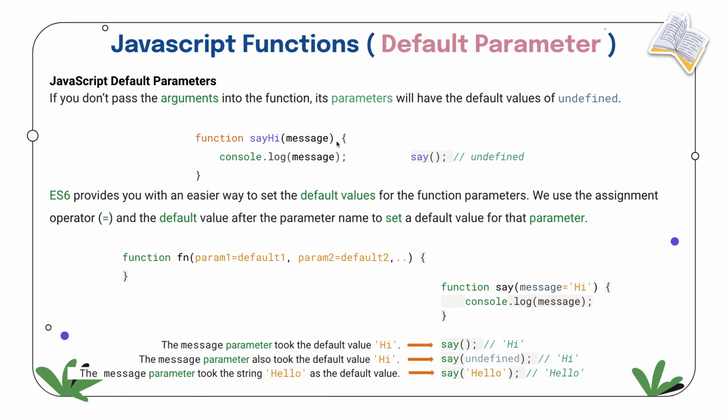I'll create a function called add number. I'm defining parameters a and b. I'm creating a variable called result, and I'm writing a plus b, and then console.log result.